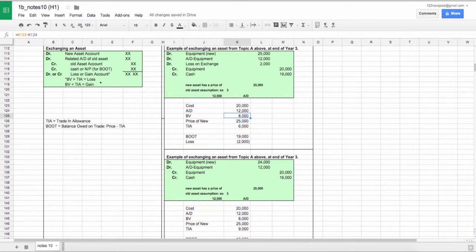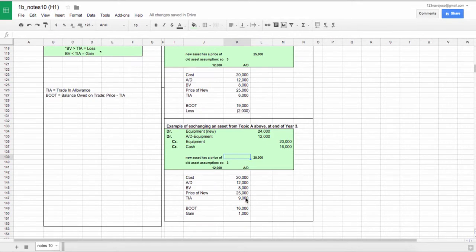So 8,000 is your book value. The seller, with whom you're making the trade, gives you a credit for your old asset of $6,000. The difference between those two is $2,000 and you're losing, since you have a bigger book value than the trade-in allowance. So what I have here reflects a loss of $2,000.